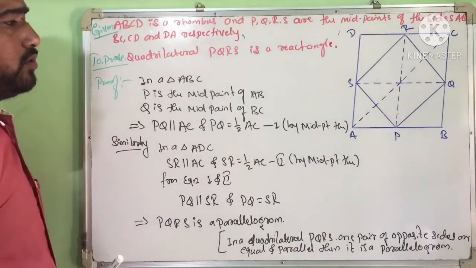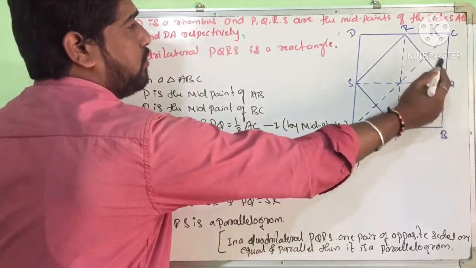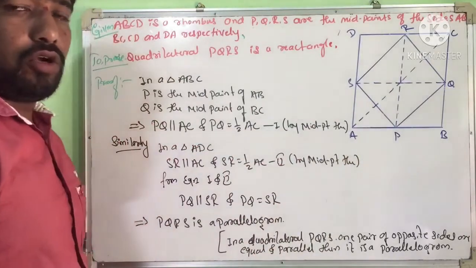Is it clear? So now here PQRS is a parallelogram.